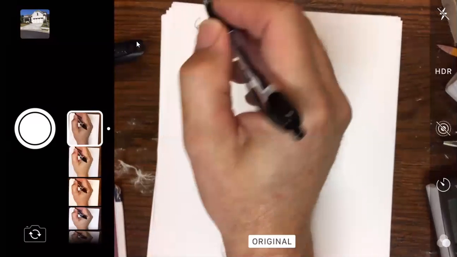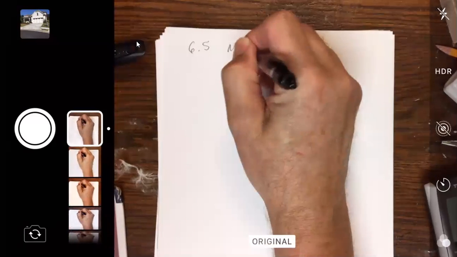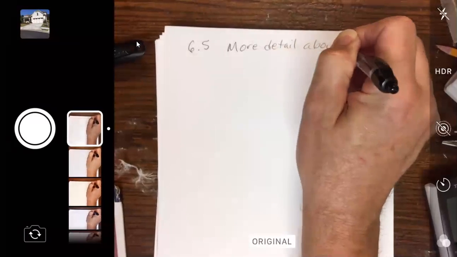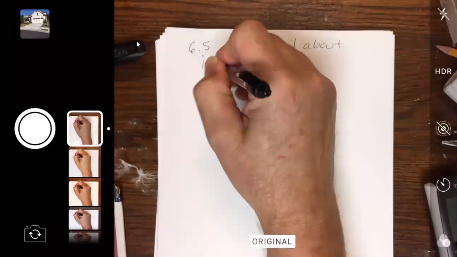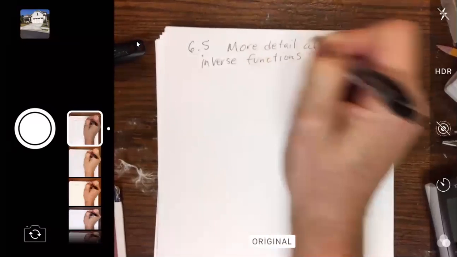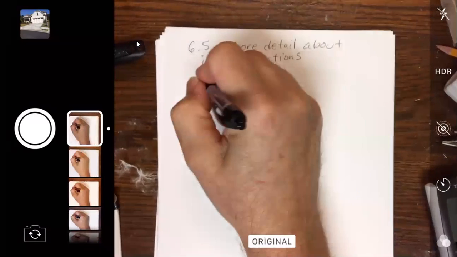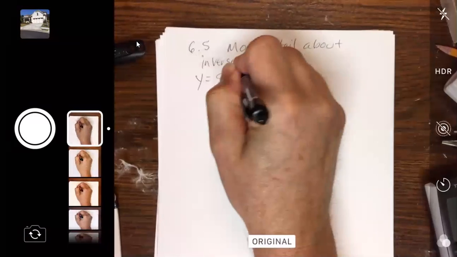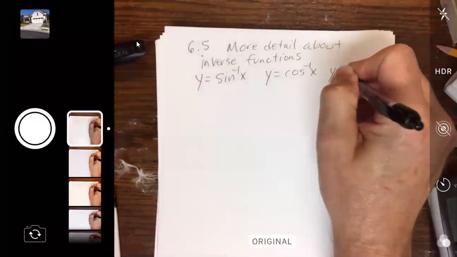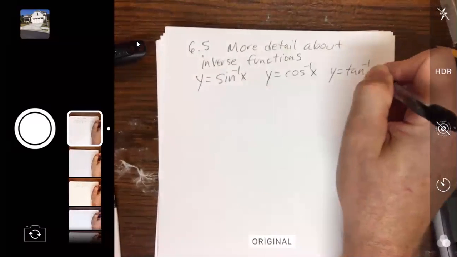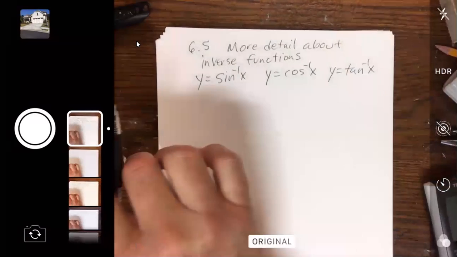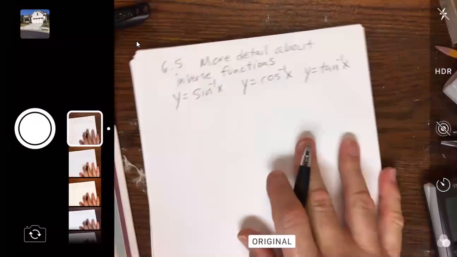Basically, it's a review, or more detail, about inverse functions: y equals arcsine of x, arccosine of x, arctangent of x. We've mentioned this before, but they give you another whole section about it.